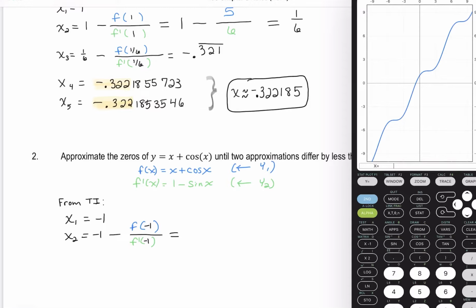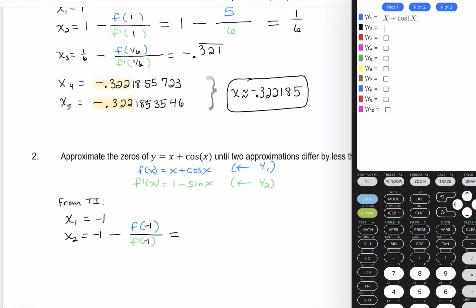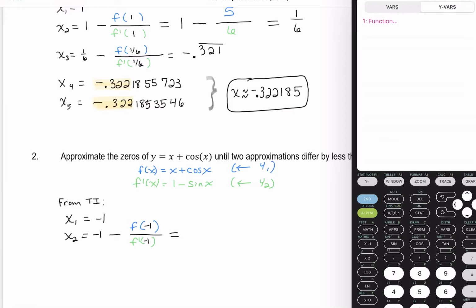but we want to use our calculator efficiently. Let's go back to the y equals, and we're going to store 1 minus sine x into y2. Now we're going to second quit to go back to the main screen. We're going to enter -1 first and hit enter, and then we call up that answer. So second and the little negative, and then we're going to do minus, and then the vars menu, arrow to the right to y variables, 1 on function, and then 1 on y1.